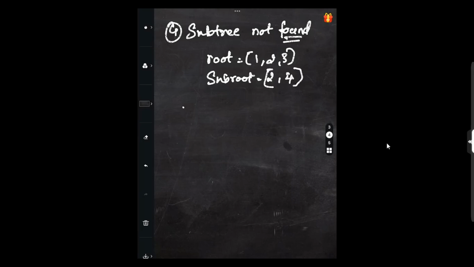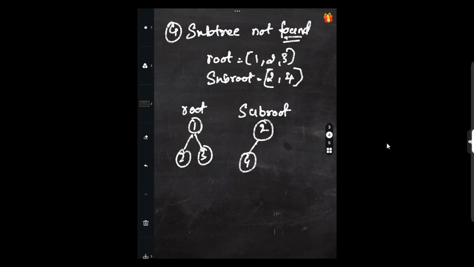Root will be 1, 2, and 3, and subroot will be 2 and 4, right? So the subroot doesn't exist at all here, right? So the output will be false.